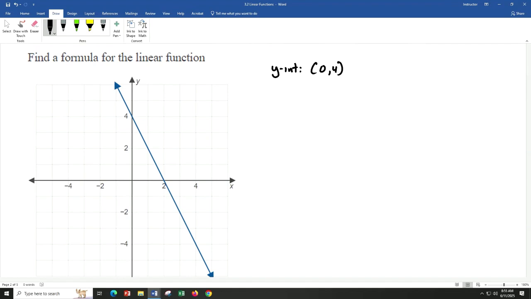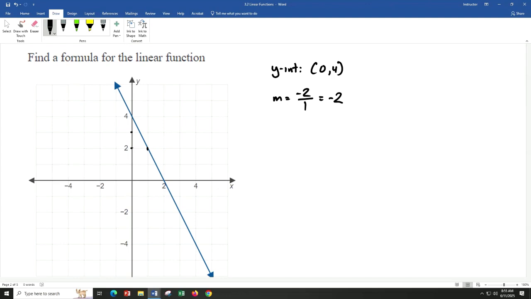Well, then now I would probably go down and then go over, right? So down 2, over 1. What kind of slope is that going to be? Down 2 over 1 is just going to give me a -2. So doesn't that give me a slope?